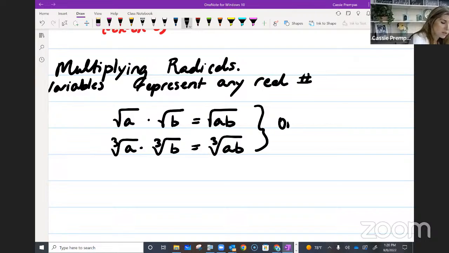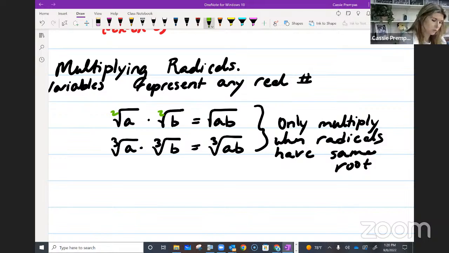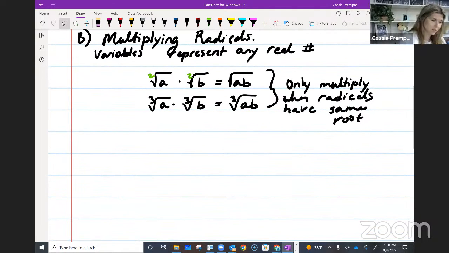You can only multiply when radicals have the same root. So like in this first one, it was a square root and a square root, or a cubed root and a cubed root.